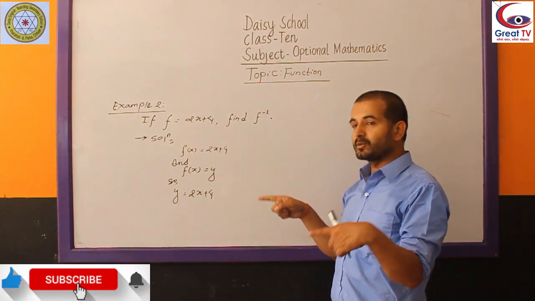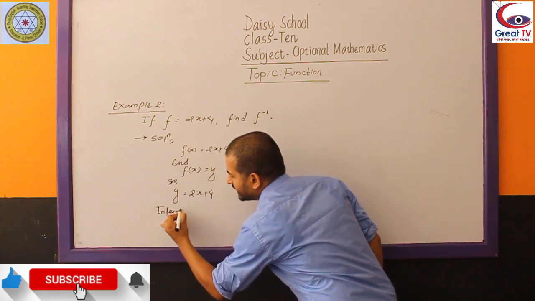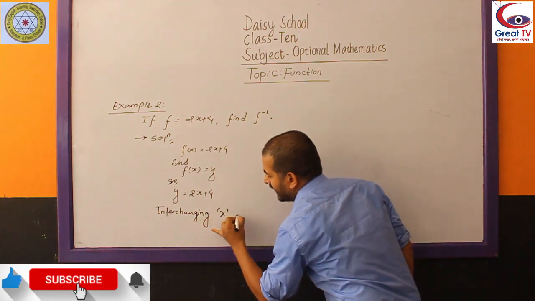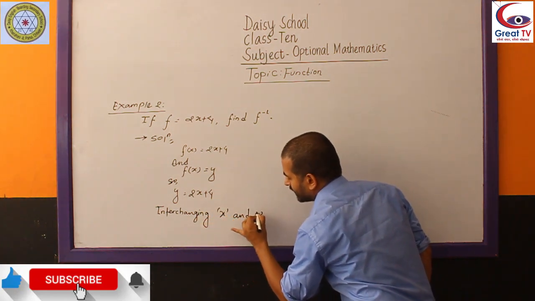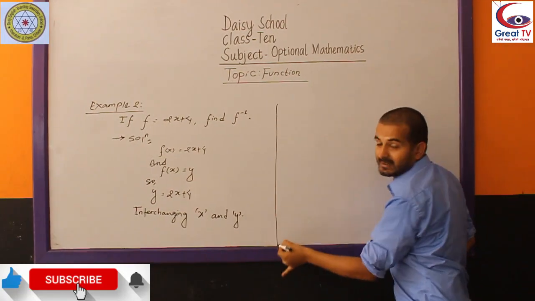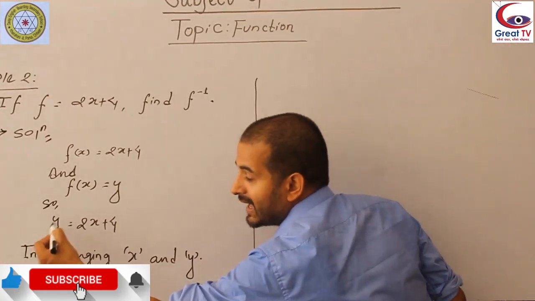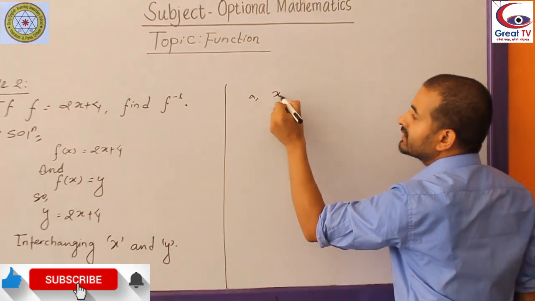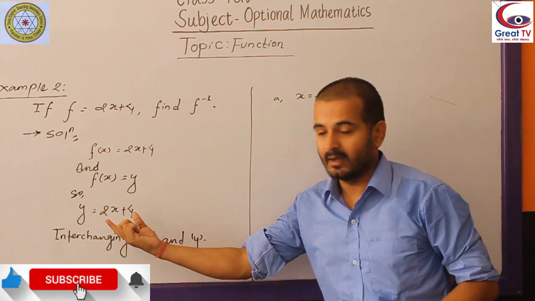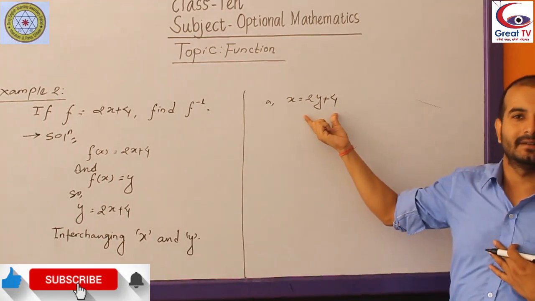And in the inverse we have to interchange x and y. Interchanging x and y, what happens? Now y becomes x, and x becomes y: x equals 2y plus 4. Please look at the previous expression and then the new expression.